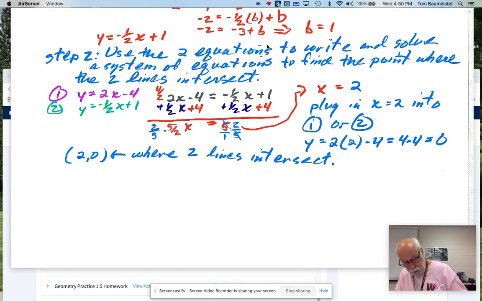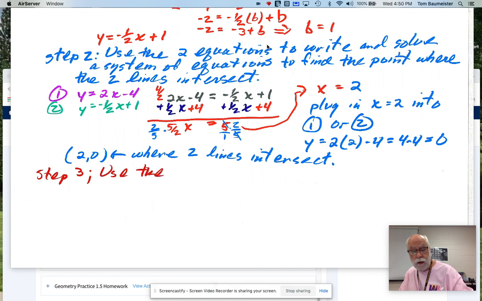And then finally, step 3. Use the distance formula.